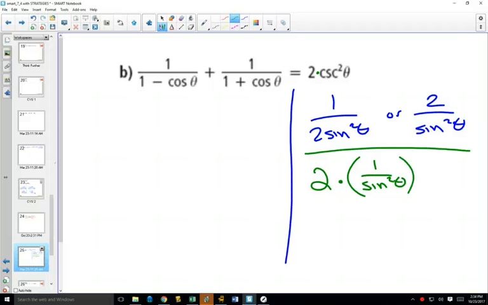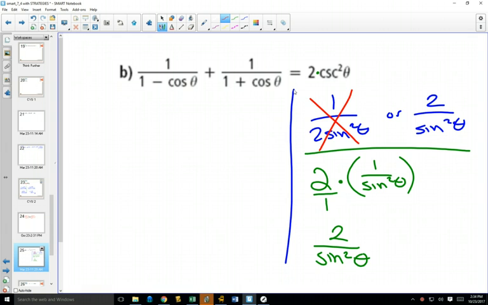How do you multiply something by 2? Because this would be 2 over 1. So yes, it is just 2 over sine squared. The 2 does not move down with the sine. Cosecant is 1 over sine squared, but that 2 out in front would stay multiplied, which would make it stay on the top. Okay, so I've got a single fraction on the left-hand side.